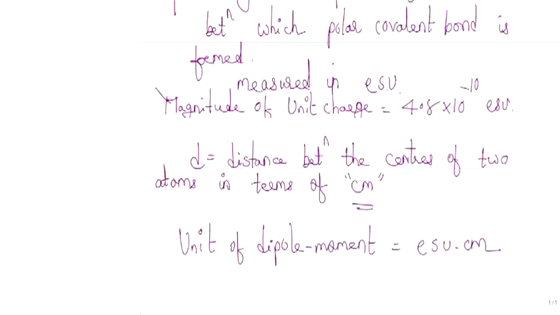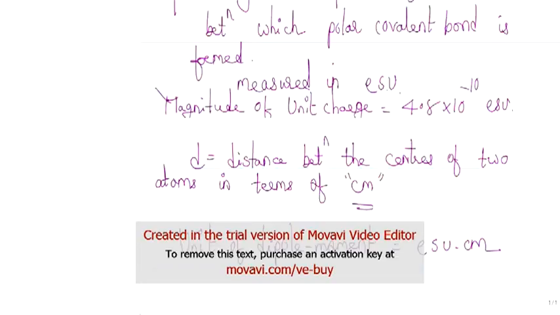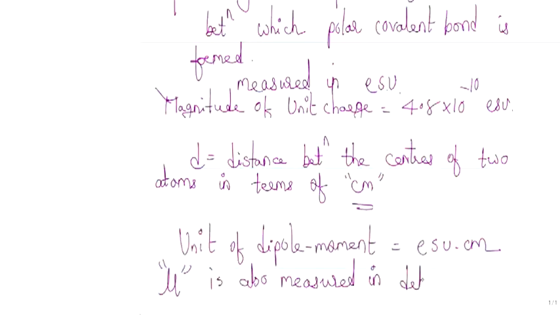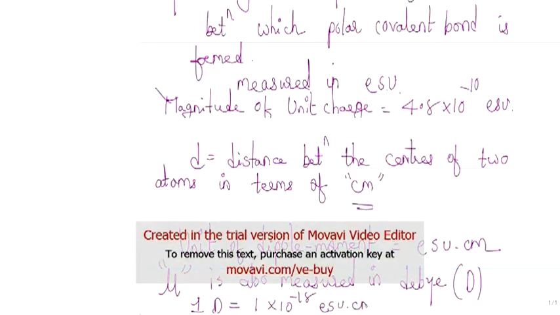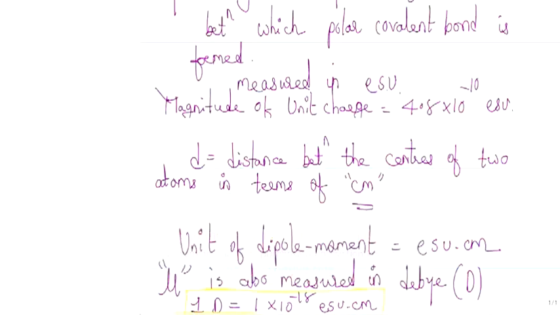So one more unit which you can have for dipole moment is Debye, and we say that mu is also measured in Debye, capital D, and you know that 1 Debye is equal to 1 into 10 raised to minus 18 ESU centimeters. This relationship you all have to know. So this is about how to measure the dipole moment, right?